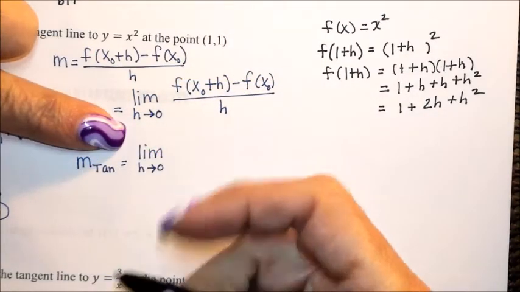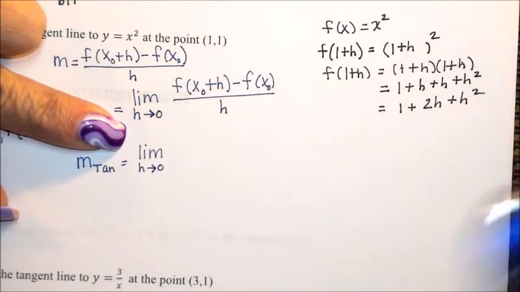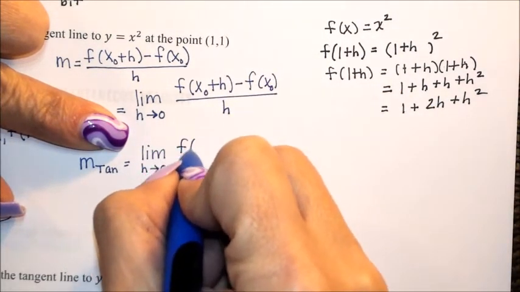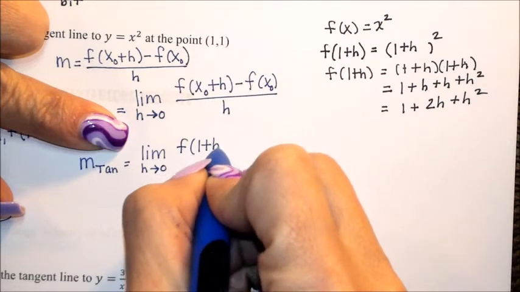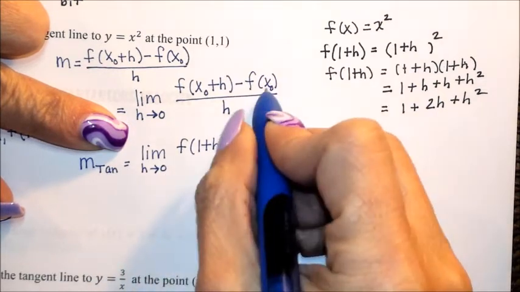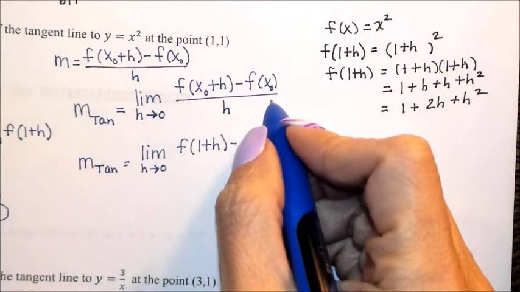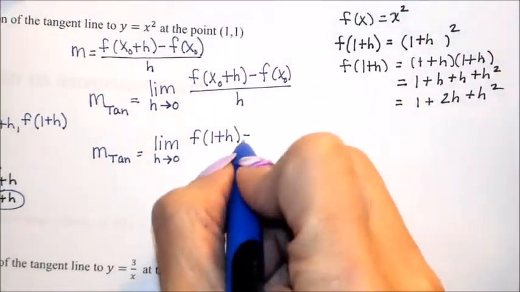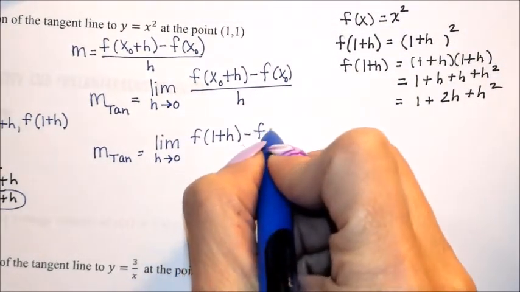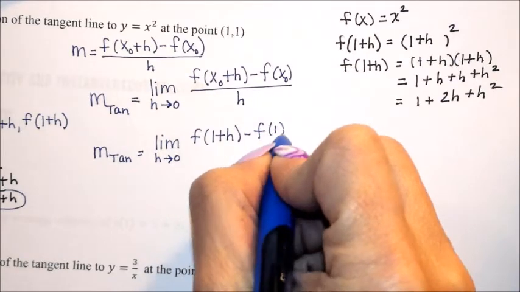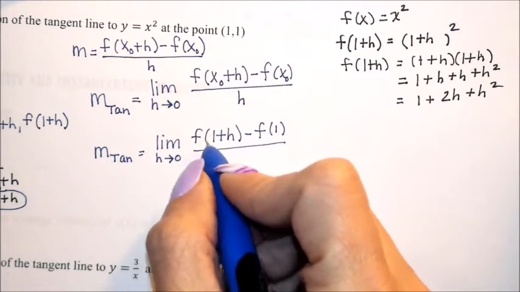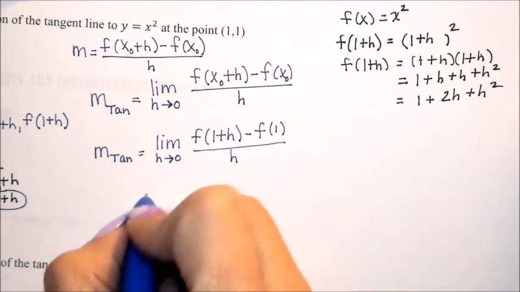All right, I'm going to come over here and plug this in just so you can see what we're doing. f of 1 plus h minus f of 1, or f of x naught, which is really f of 1 because we're plugging in 1, all over h, which in this case we're going to leave as h.